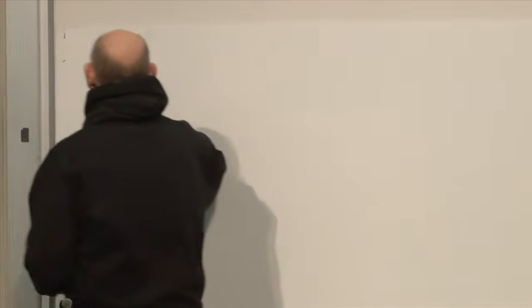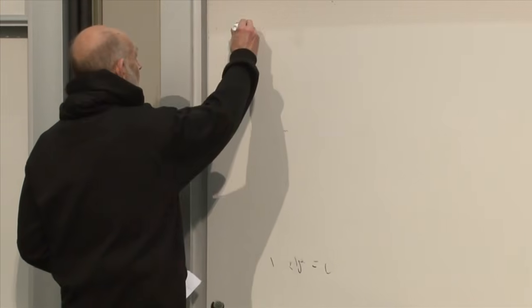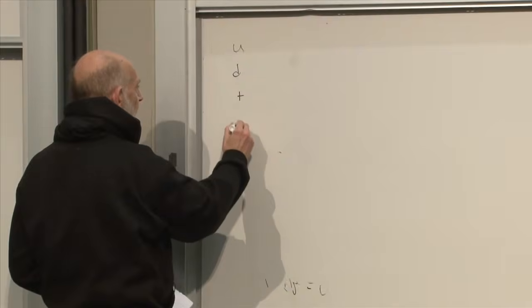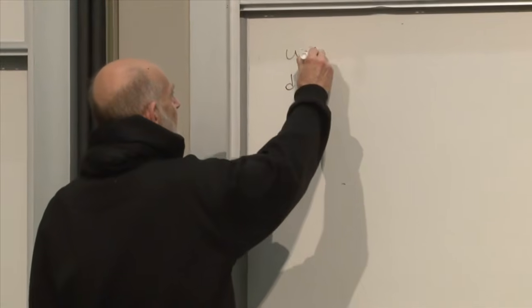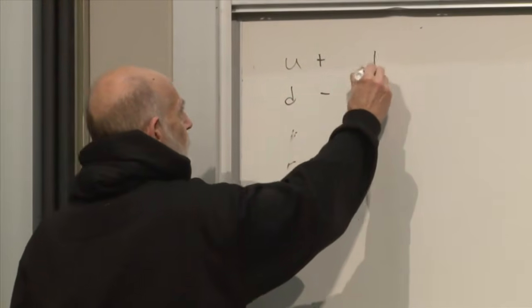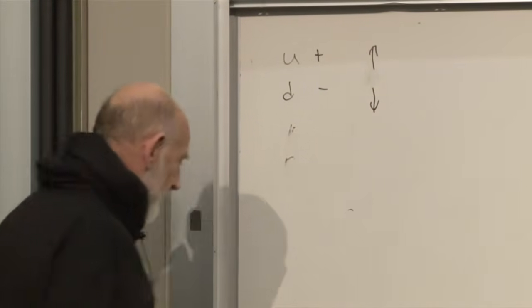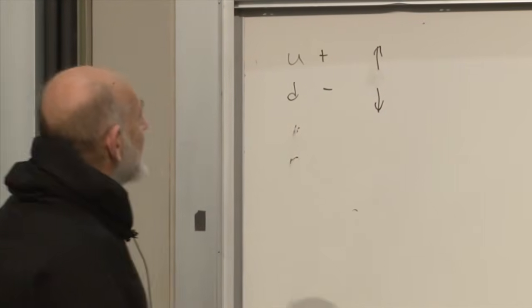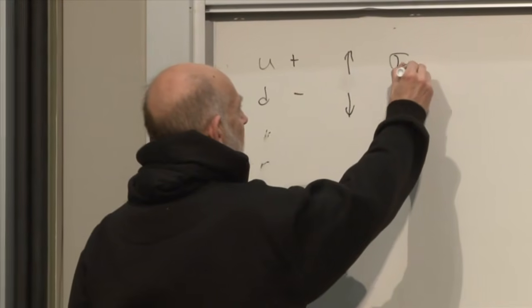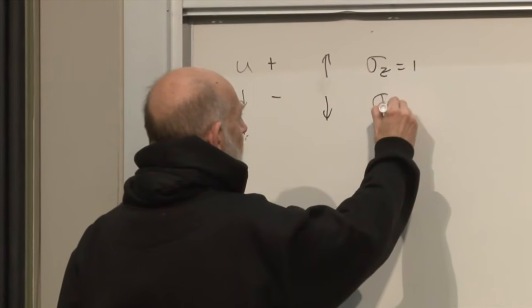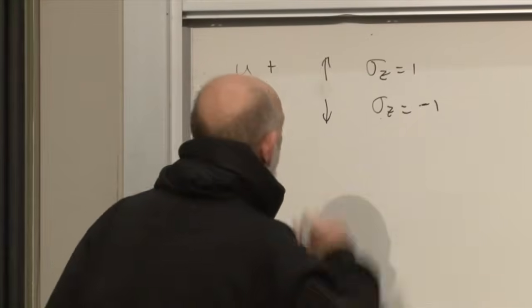We can label that state in a number of ways. We can call it up, we can call it down, we can call it plus, we can call it minus. Up and down are the same as plus and minus. We could draw them with little arrows, up and down. We could write it as sigma z equals +1 and sigma z equals -1, they all mean the same thing.